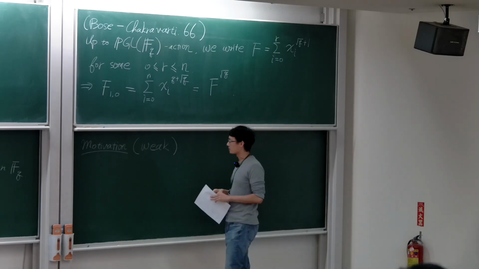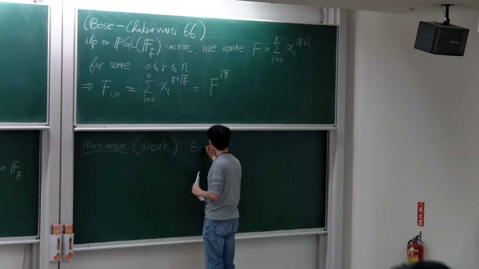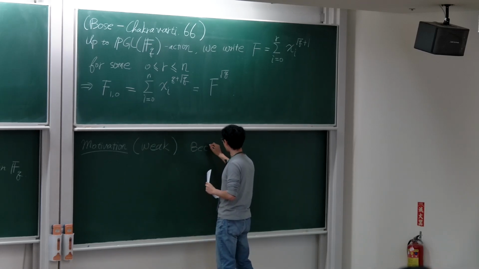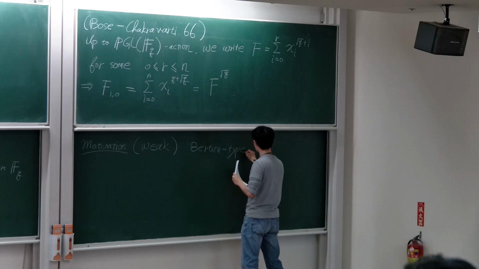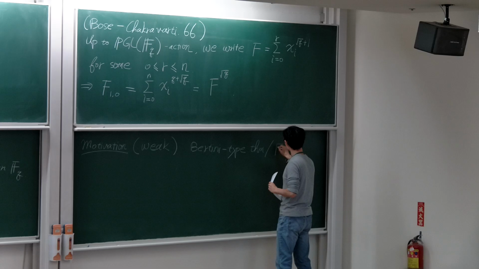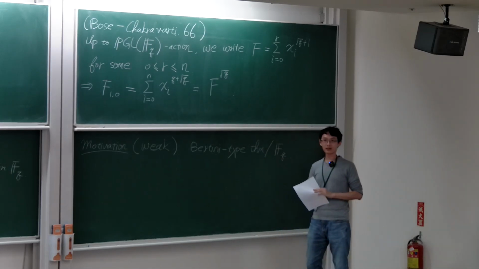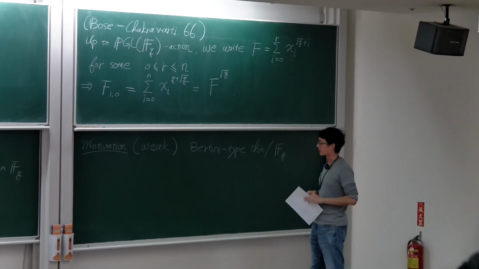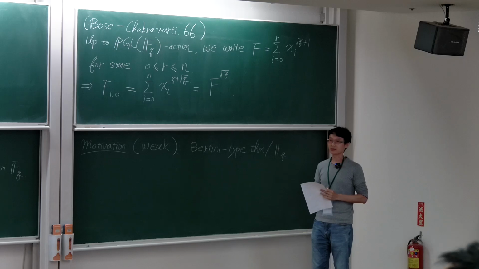Okay, so our weak motivation is about the so-called Bertini type theory over a finite field. We know Bertini type theory is useful when we are trying to prove some properties of a variety by using reduction on dimension.